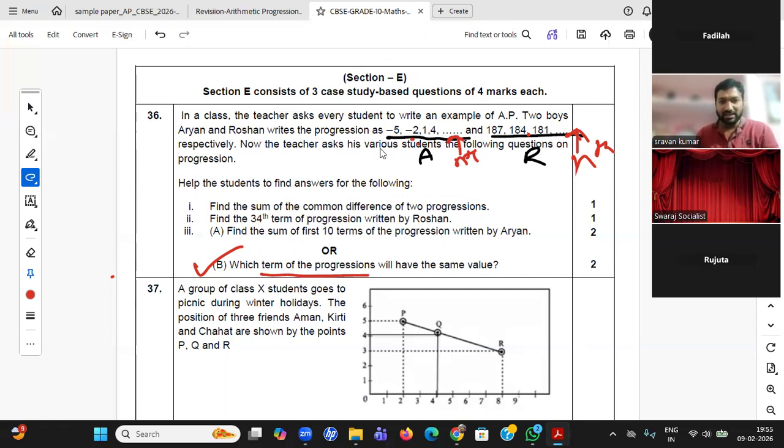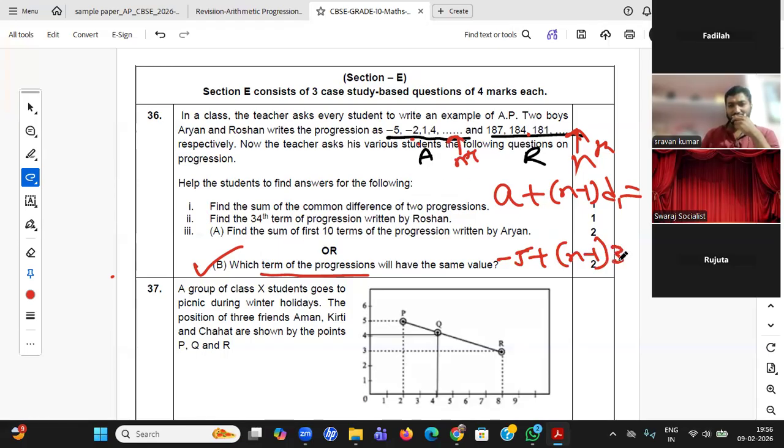Yes, Narendran got the answer. Very good. Narendran and Fadil's answers are matching. A plus n minus 1 into d here, and here you take b plus n minus 1 into d2. He's asking these two things, so there are two different APs. You can't take A and A. So A is minus 5, n minus 1, D we just got is 3.